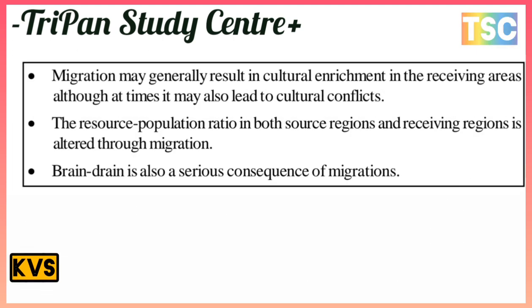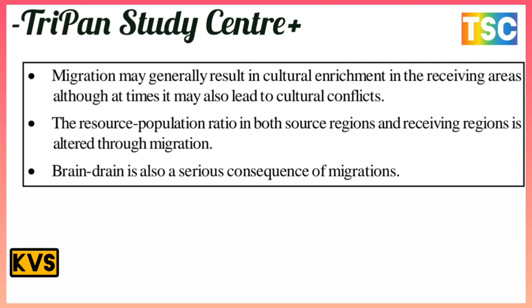This is the most important point in this box, note this in your copy. Migration may generally result in cultural enrichment in the receiving area, though at times it may also lead to cultural conflict. The source population ratio in both the source region and the receiving region is altered through migration.